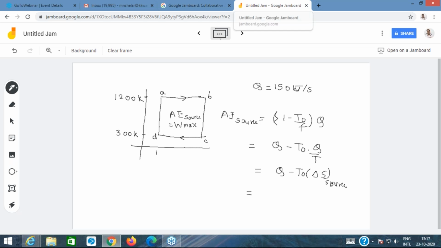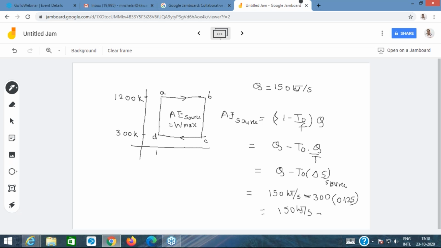The value of Q is 150 kilojoules per second minus the dead state temperature, which is 300, into the delta S of the source, which we found out as minus 0.125. So this becomes 150 kilojoules per second minus 300 into 0.125.